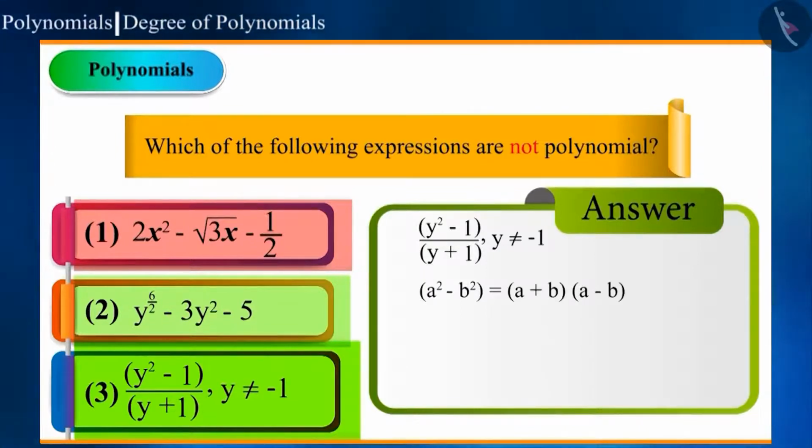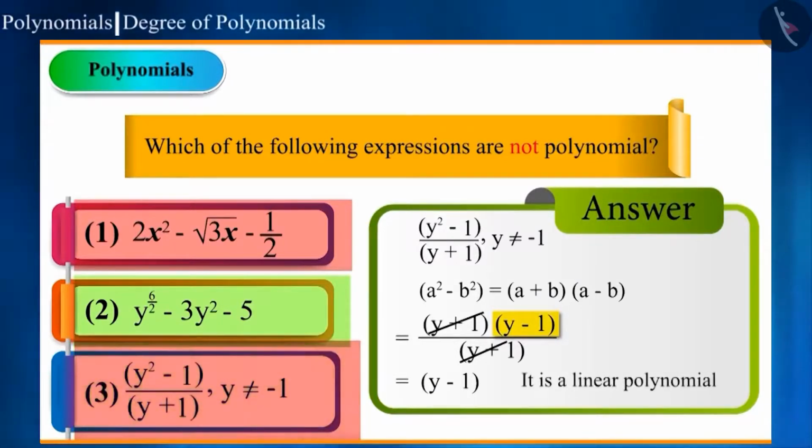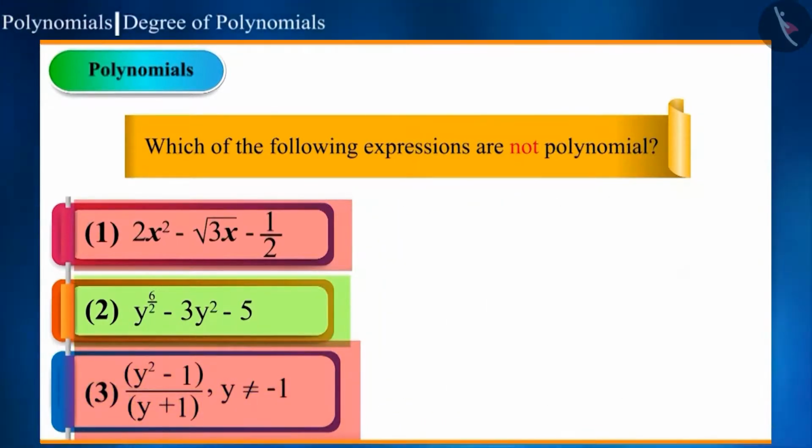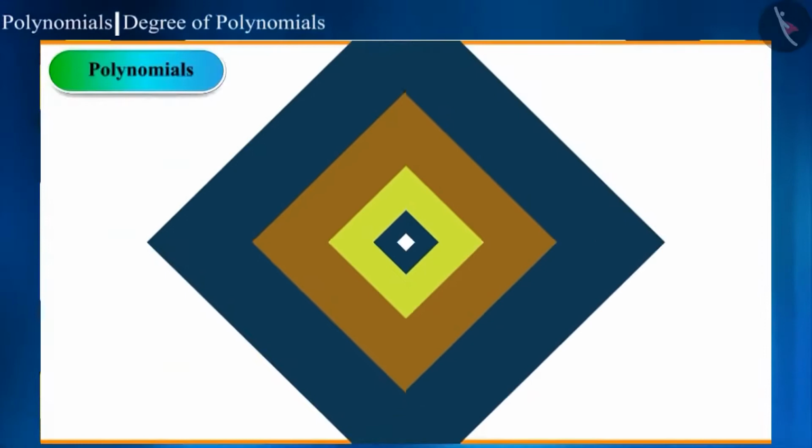The numerator can be written as y plus 1, y minus 1. This would become y minus 1 by cancelling y plus 1 from numerator and denominator. Hence, it is a linear polynomial. Friends, to recognize any polynomial, we should focus only on the powers of the variables. Let us now go to the next question.